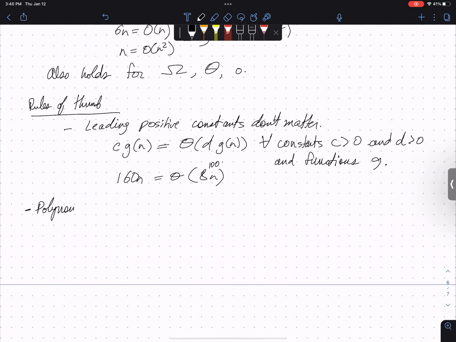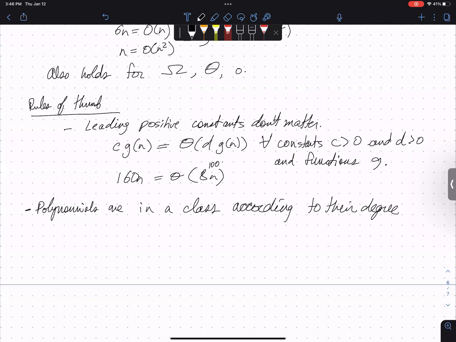Next, polynomials are in a class according to their degree. So let me just remind you, polynomial, I don't know if you've seen it written like this, but if its degree is d, you can write it as a sum of a_i n to the power of i. Let me give you an example.